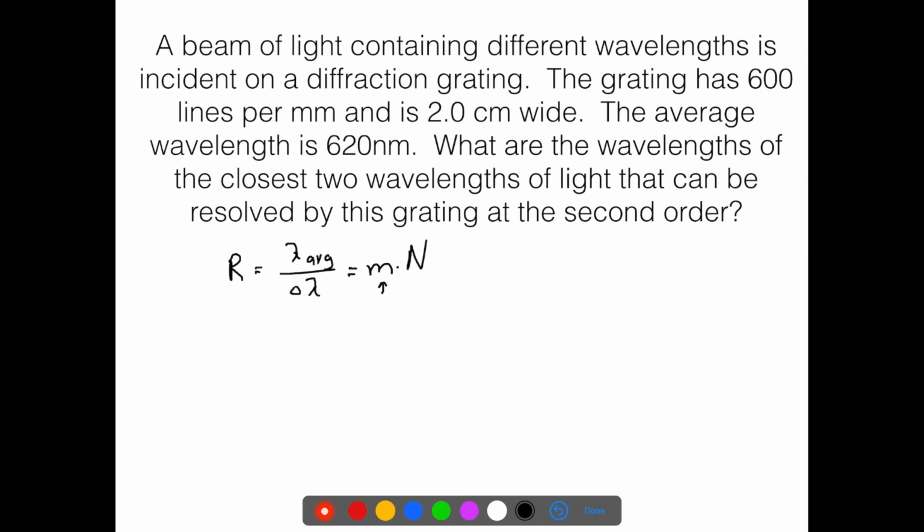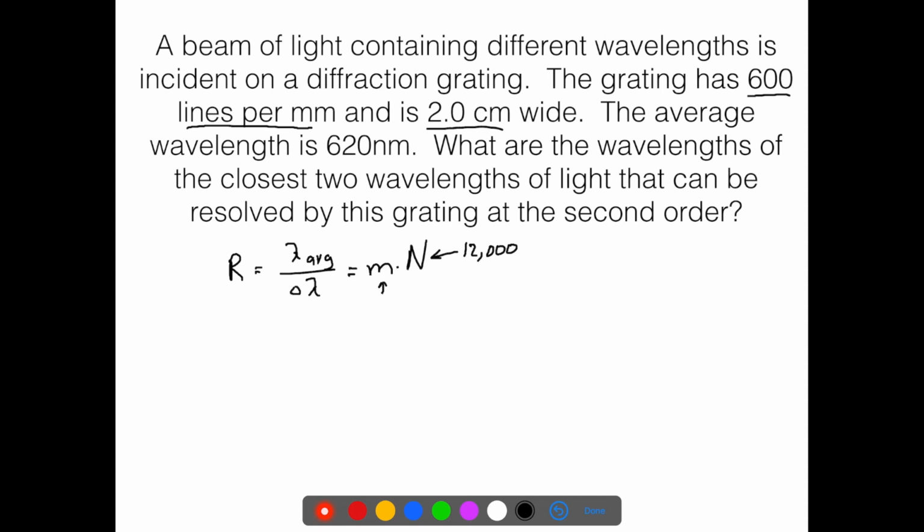All right. So it says a beam of light. We've got the grating has 600 lines per millimeter and is 2 centimeters wide. So 2 centimeters wide is 20 millimeters. So 20 times 600 gives 12,000 lines.